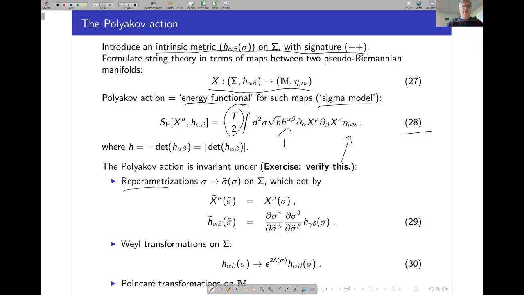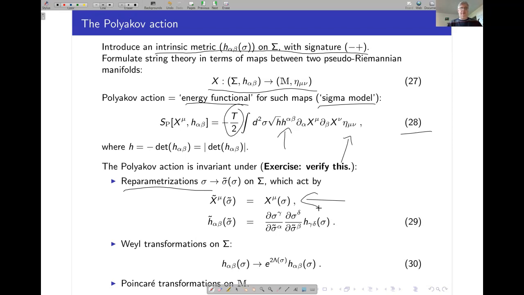Well, the first thing is to make sure that this action is well defined, which means that we must check that it's invariant under reparametrizations, which again I suggest to do as an exercise. But to help with this, let me clarify one point which is potentially confusing. The string coordinates X carry an index mu, but this index mu refers to Minkowski space-time and to the Lorentz transformations acting on space-time. With regard to the worldsheet, each X mu is just a scalar field and therefore transforms as indicated under reparametrizations.